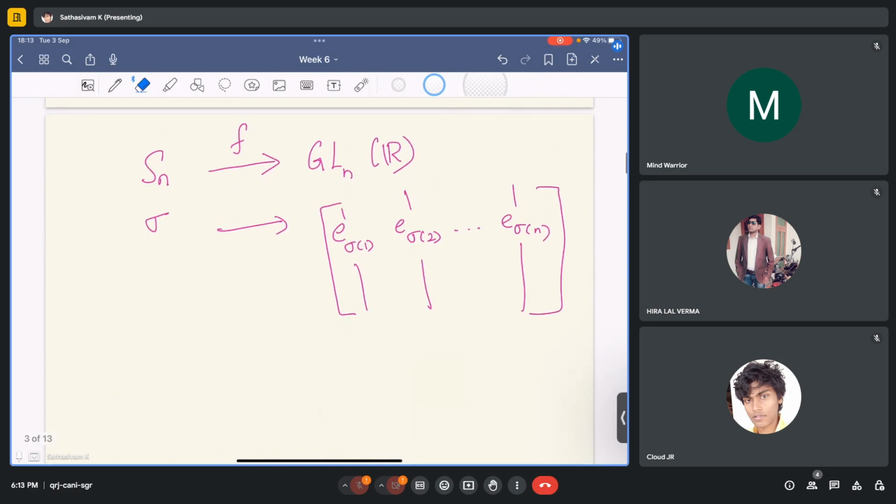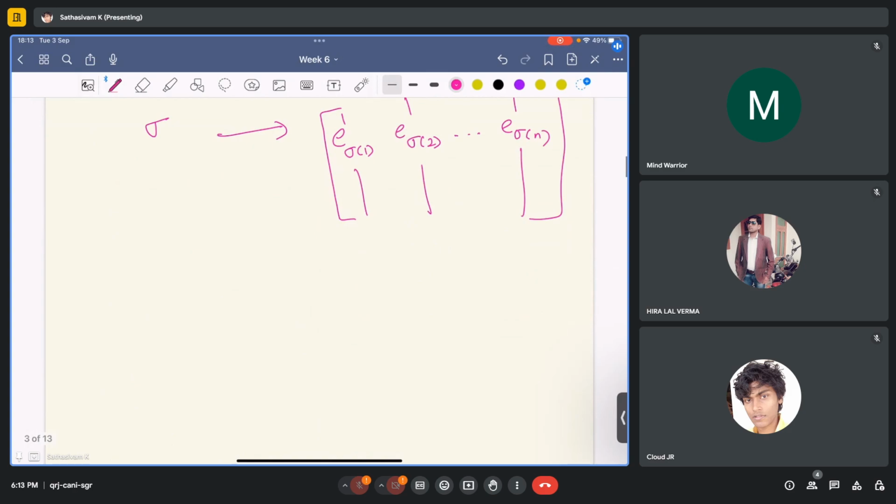So far what we do is you take Sn and give a map to GLN. How? You take any sigma and map it into a matrix of this form. Okay. And this matrix is called a permutation matrix associated to sigma.